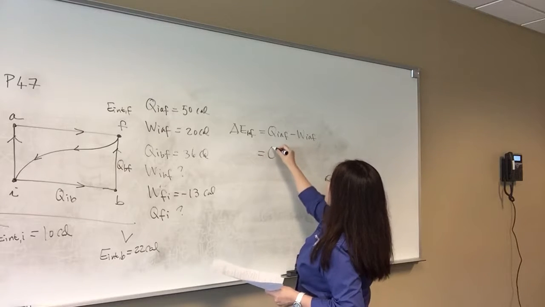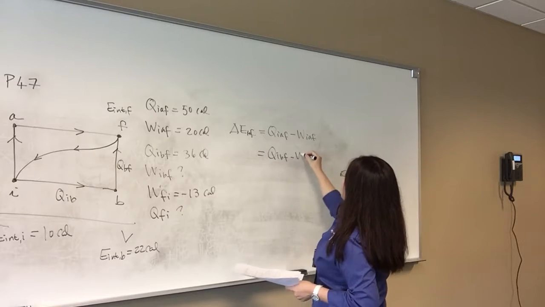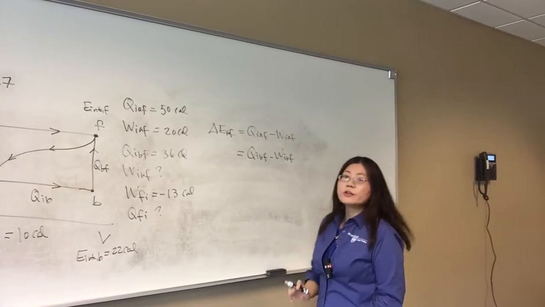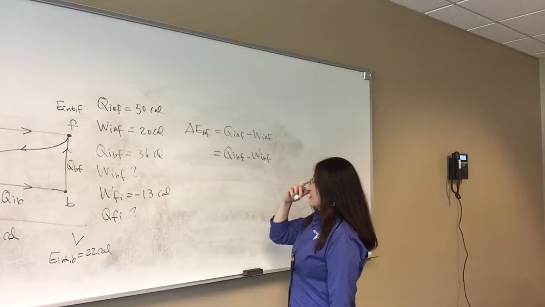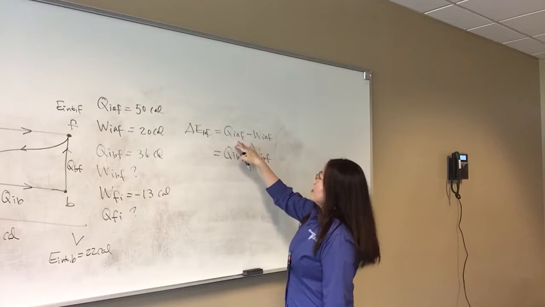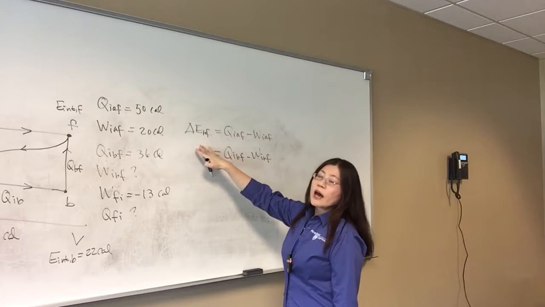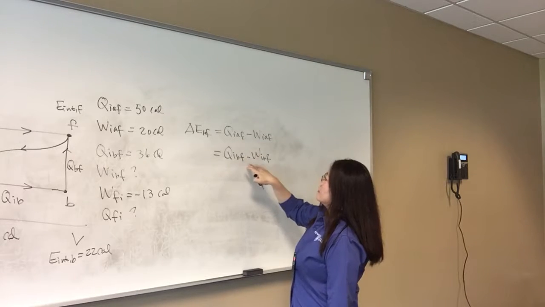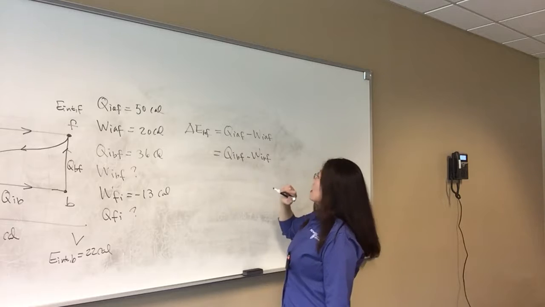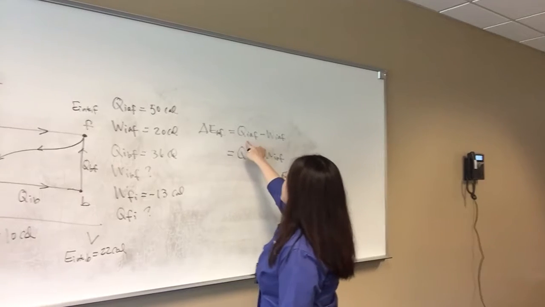Likewise, it is also equal to QIBF minus WIBF. So you can see that this is based on a straightforward application of the first law of thermodynamics. The change in internal energy between I and F would just be QIAF minus WIAF, and QIBF minus WIBF.